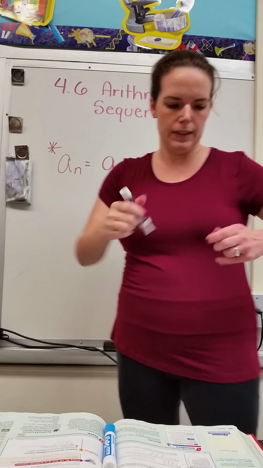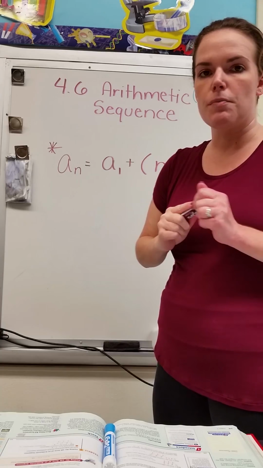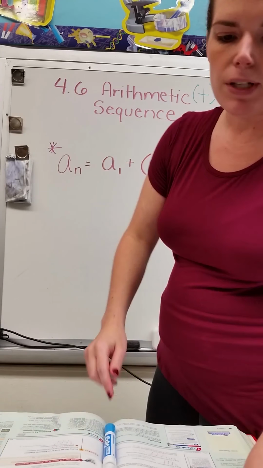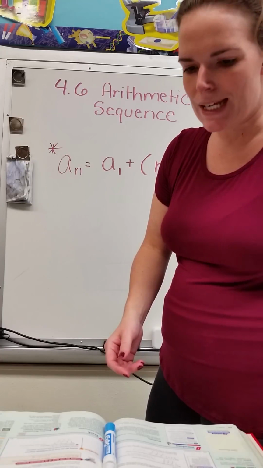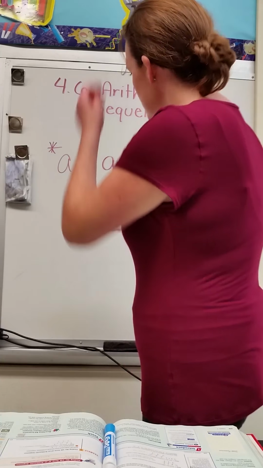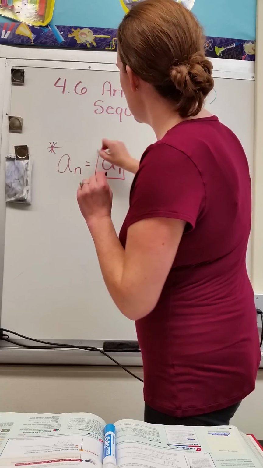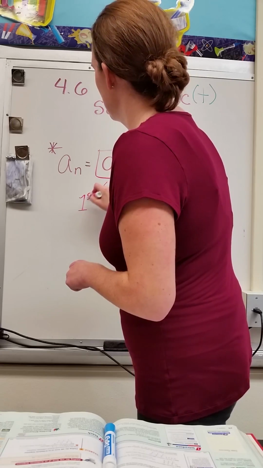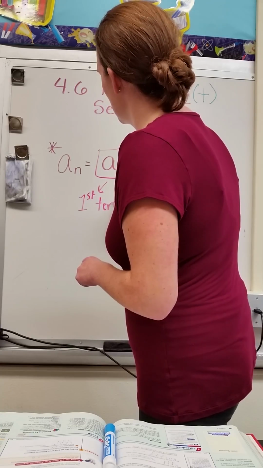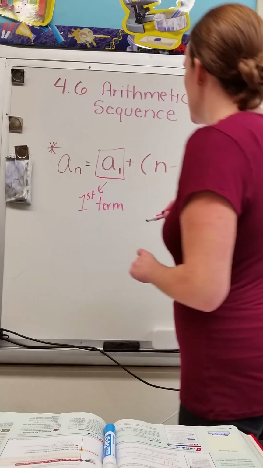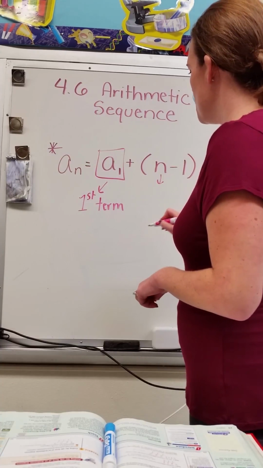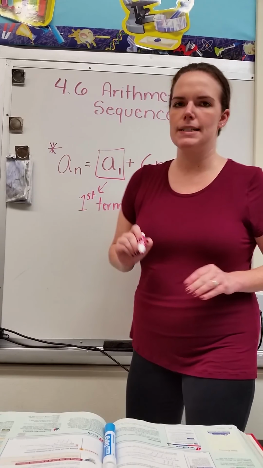Okay. Not only do you have to memorize this formula or learn it, but you need to know what each of these terms mean. This a sub 1 means the first term in the sequence. This n is whatever it is you're trying to find.